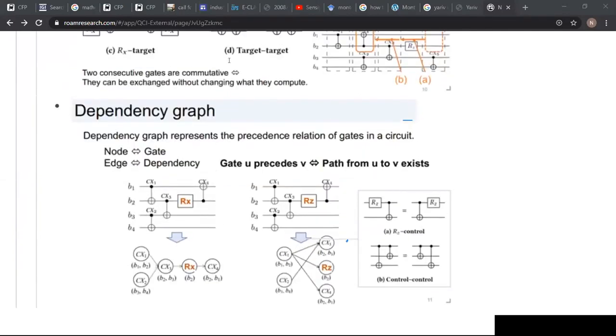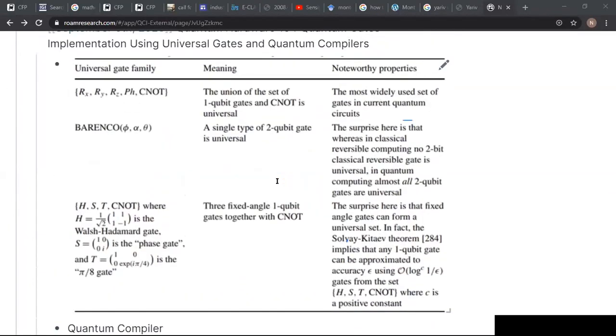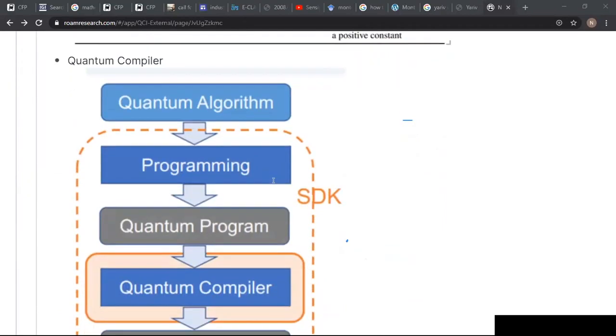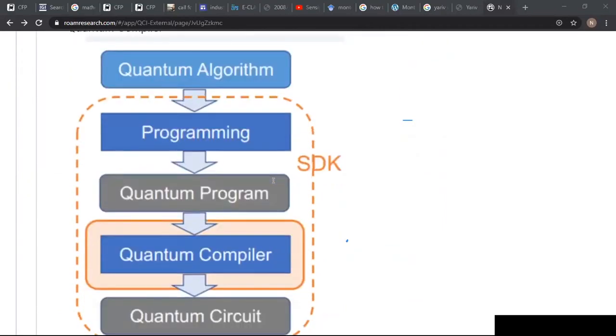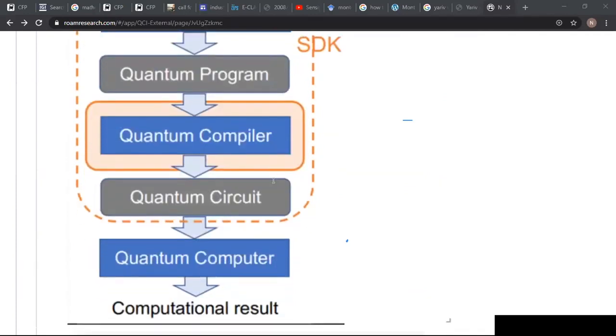So we just had a walk through the various universal gate families, and then we moved down to the software development kit, which is nothing but the communication medium, how logical qubits communicate with physical qubits.